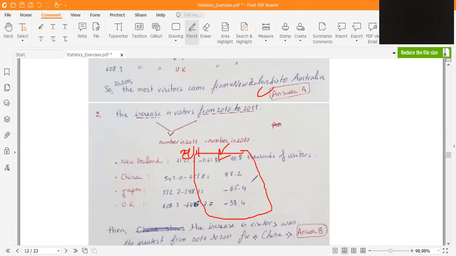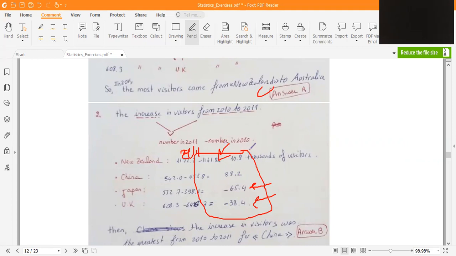Normally, in Japan, we have negative numbers. How to interpret these values? When we have negative numbers, we have a decrease and not an increase. We have a decrease in visitors from Japan and the United Kingdom from 2010 to 2011.